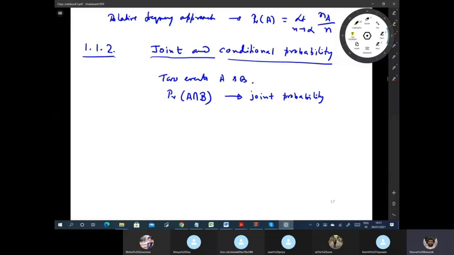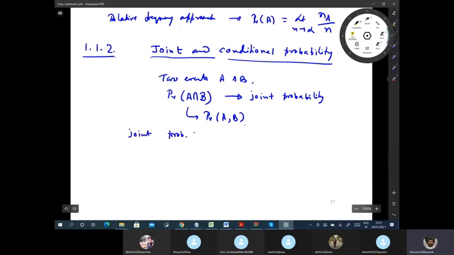So joint probability means two events should happen simultaneously. The probability is referred to as the joint probability of A and B when both A and B happen, the intersection. That means both happen, and we note it as the probability of A comma B.